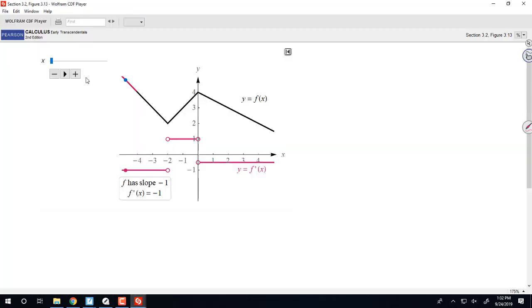So I don't know if this is helpful or not, but we can just visualize the slope here. And then when we get to that point, since the slope dramatically changes here from -1 to +1, that's why it's undefined with those removable discontinuities, and that's why we have that jump, because the slopes rather jump from -1 to +1 as soon as we round that corner, if you will.